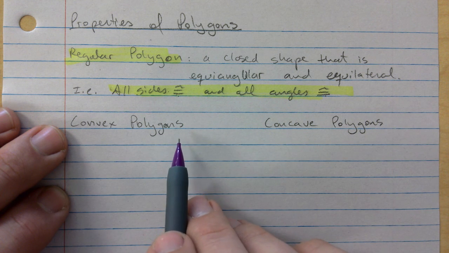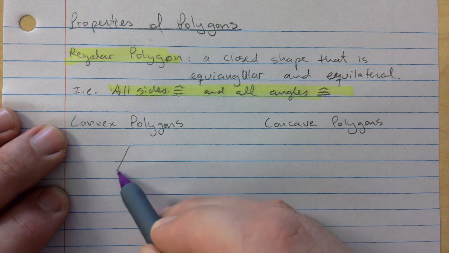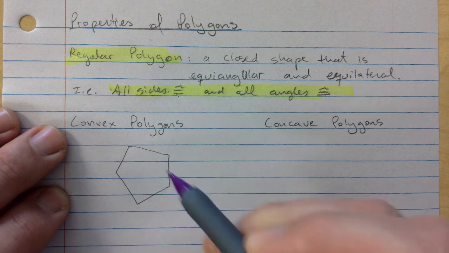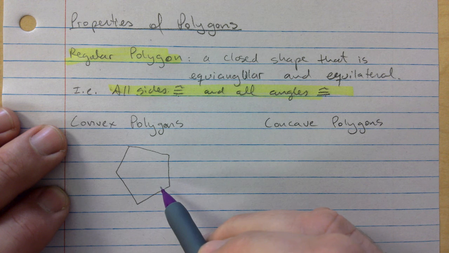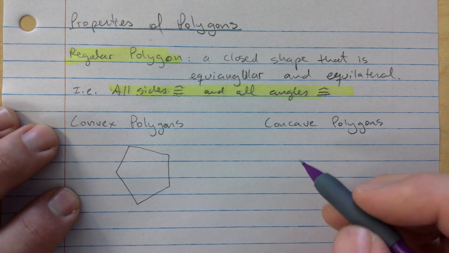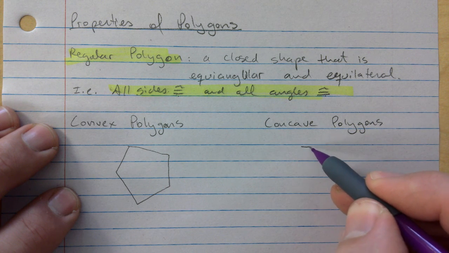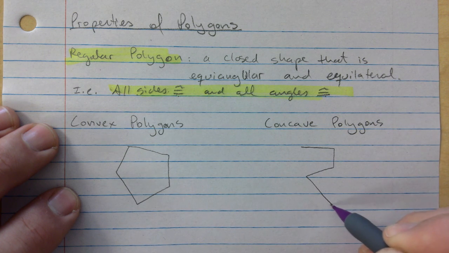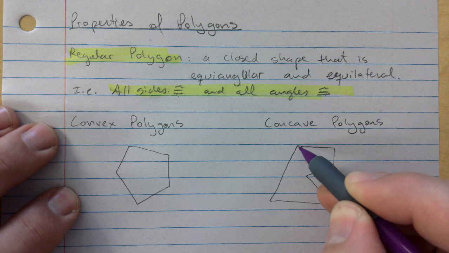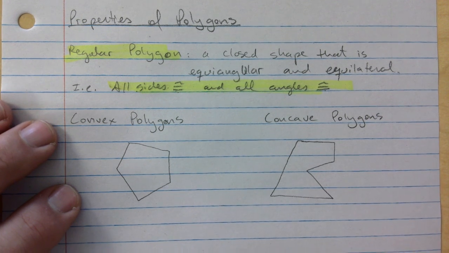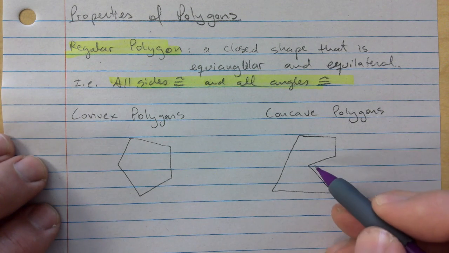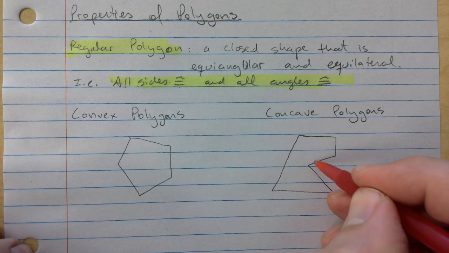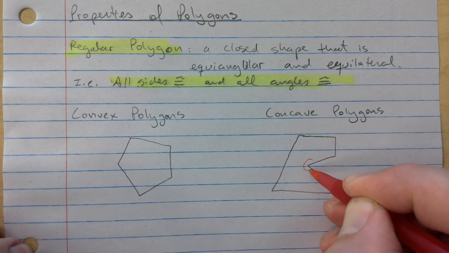So we have our convex polygons, which just make a shape that is closed like that. And convex will have, and we're going to highlight this angle right here on the inside.